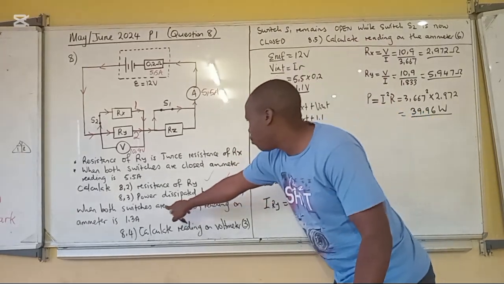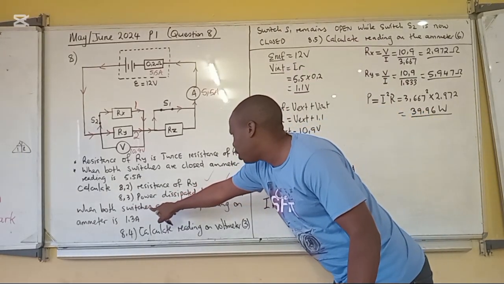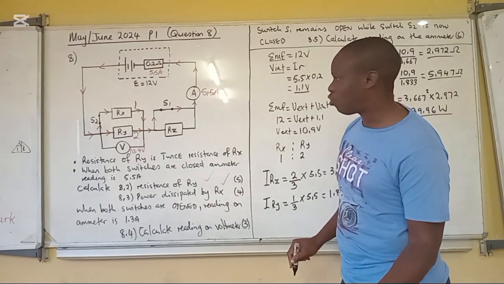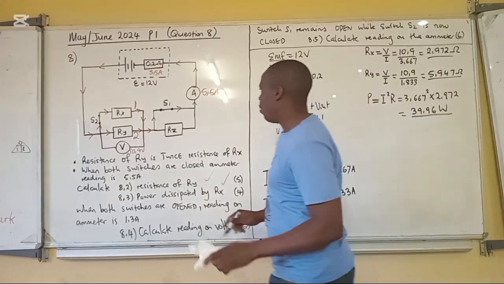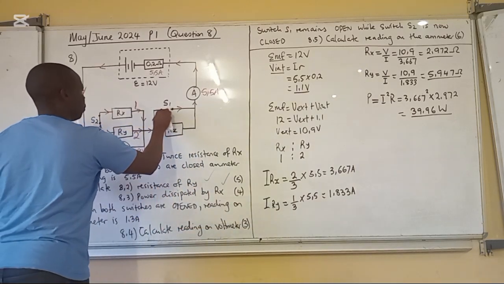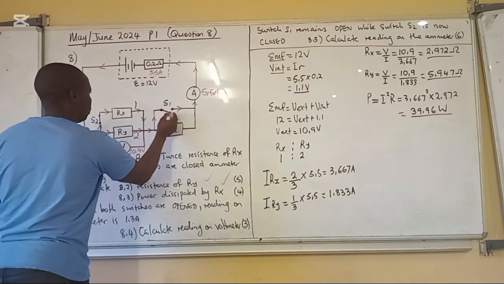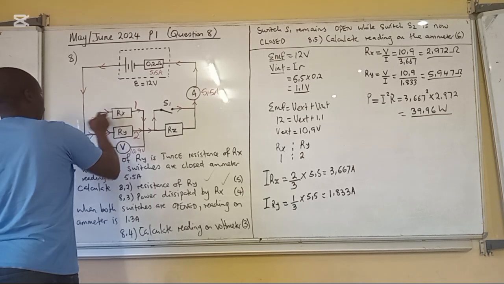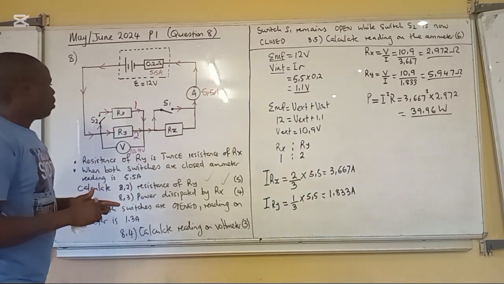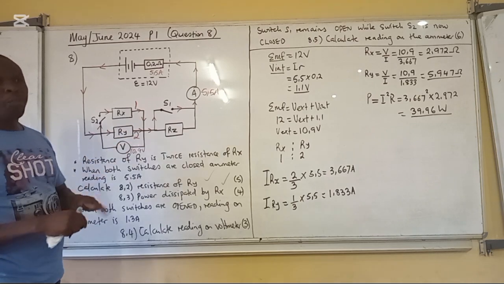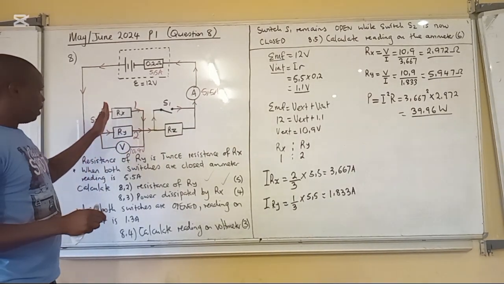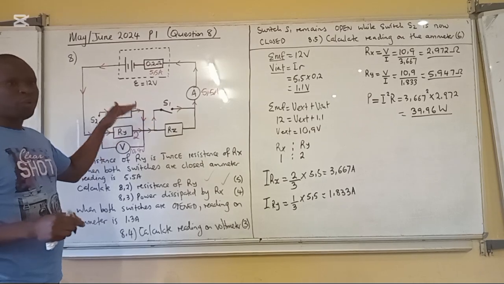We now move on to when both switches are opened. Now let me open both switches. This switch opens as well as this switch opens. So when both switches are open, the way current flows will change.